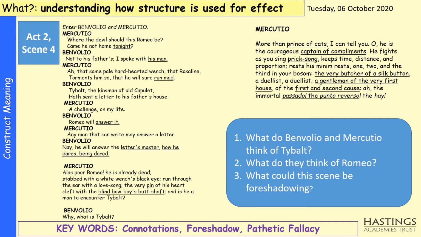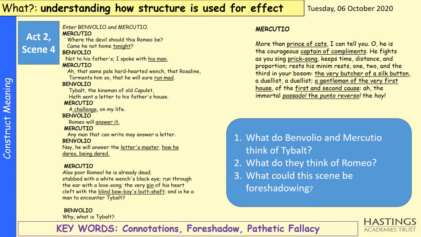Alas, poor Romeo, he is already dead, stabbed with a white wench's black eye, shot through the ear with a love song, the very pin of his heart cleft with the blind bow boy's butt shaft. And is he a man to encounter Tybalt? Why, what is Tybalt? More than Prince of Cats, I can tell you. Oh, he is the courageous captain of compliments.